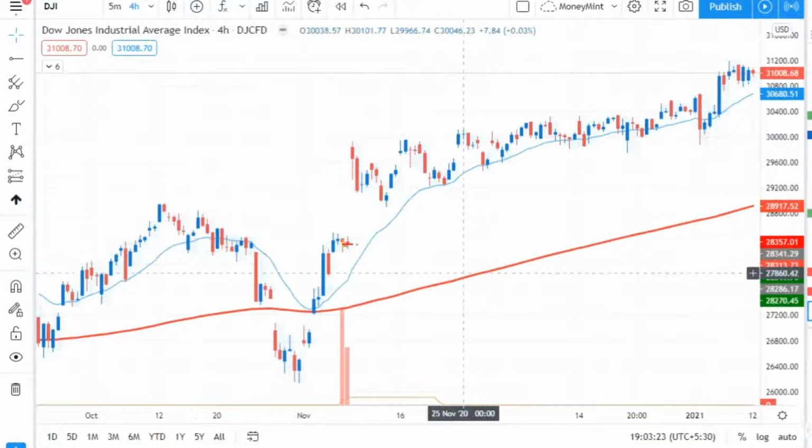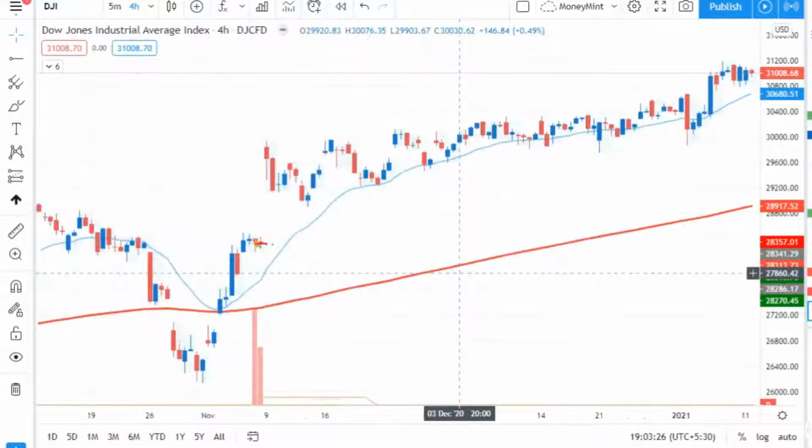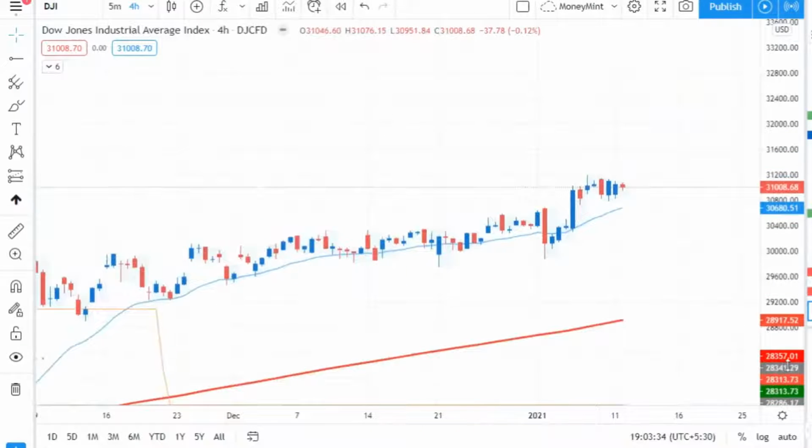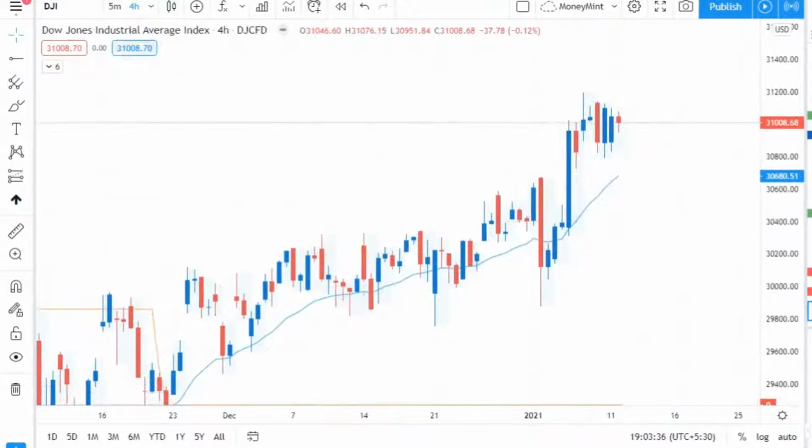So that's what I am trying to do here. We'll be analyzing the price action on Dow Jones and looking at how similar or dissimilar it is to the Indian market. If you can hear me and if you have any doubt, you can type in your chat box and let me know.